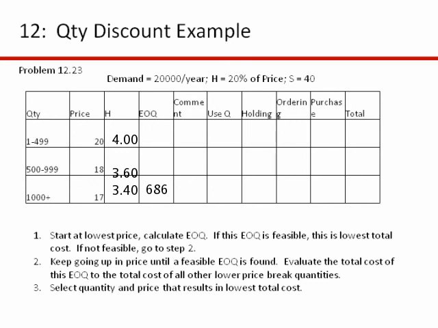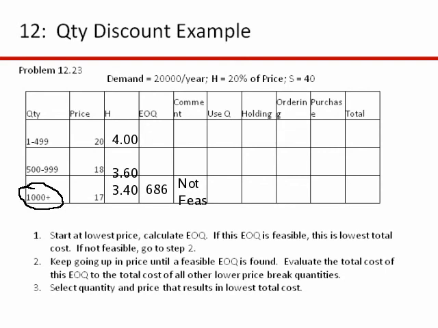Well, the answer is no. You have to buy over 1,000 units to get this $17 price, so this is not feasible. I cannot buy 686 for $17, so I'm going to put not feasible there.